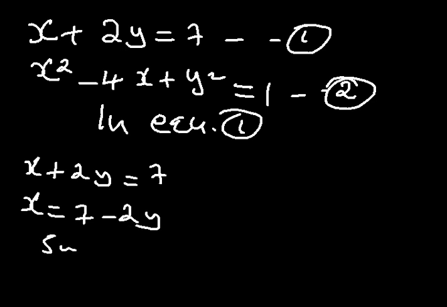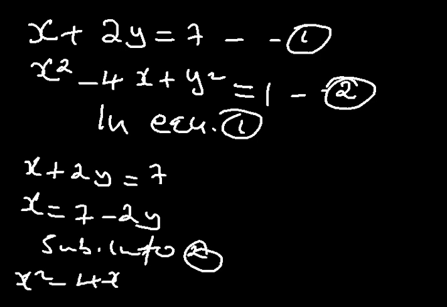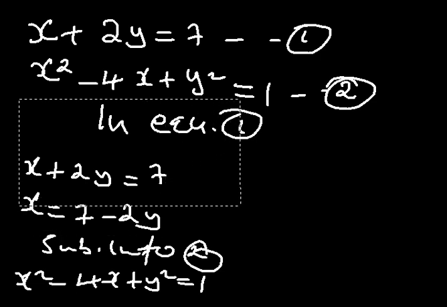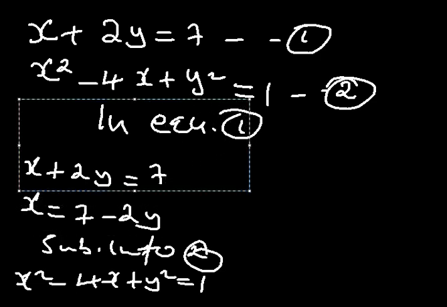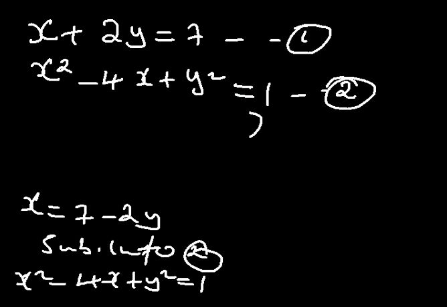Then I'll have to substitute into equation 2. How does equation 2 look? We have x squared minus 4x plus y squared is equal to 1. Which means wherever there is x, we are going to substitute the expression for x that we have obtained here.